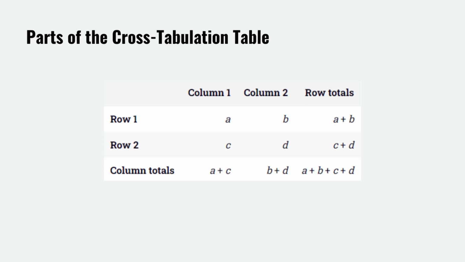A is the number of observations corresponding to row 1 and column 1. B is the number of observations corresponding to row 1 and column 2. C is the number of observations corresponding to row 2 and column 1. And D is the number of observations corresponding to row 2 and column 2.